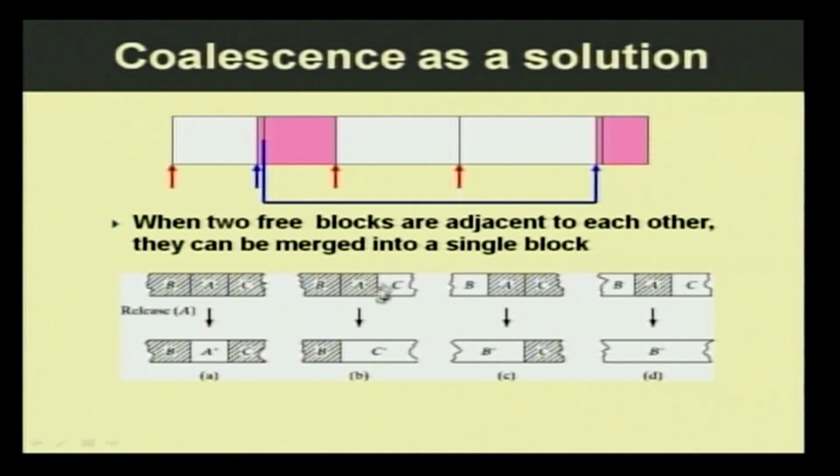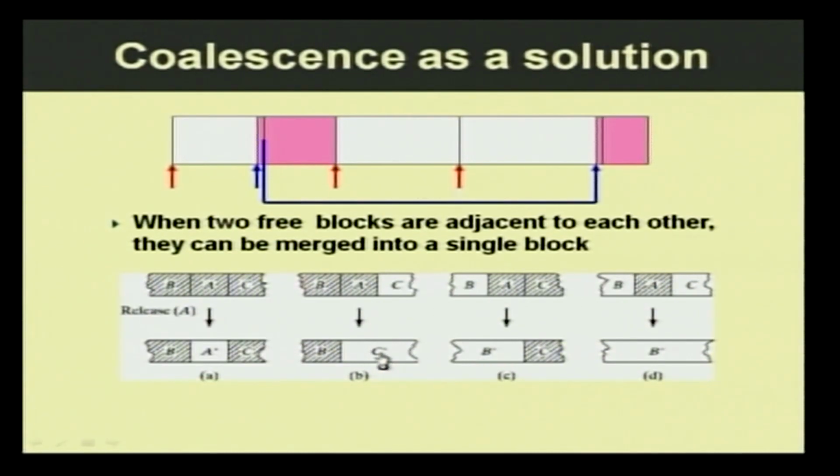Assuming B, A, C, where C is already an available free area and the shaded area indicates the process, and assuming A is also released, two adjacent blocks are now free, therefore coalescence can happen and it can be assumed as a single memory space. In this variation, area B is already free, A and C have two different processes going on. If A is released, these can be merged together to form a memory area.